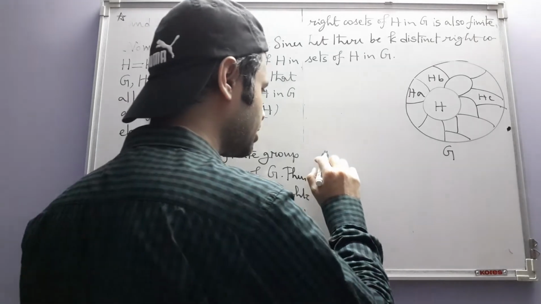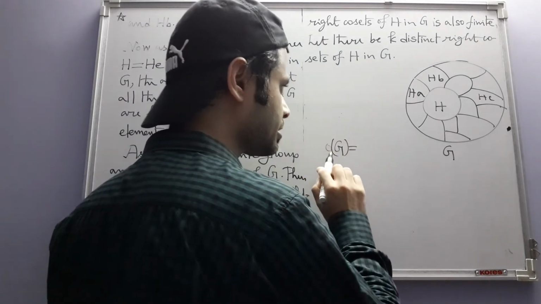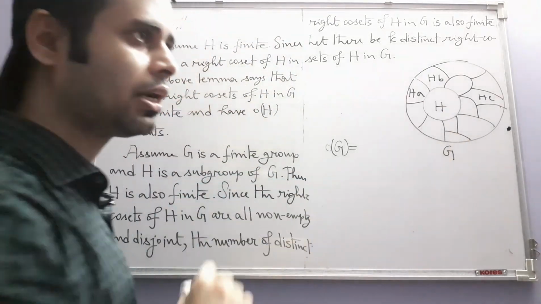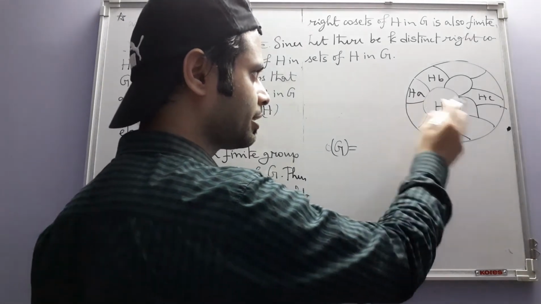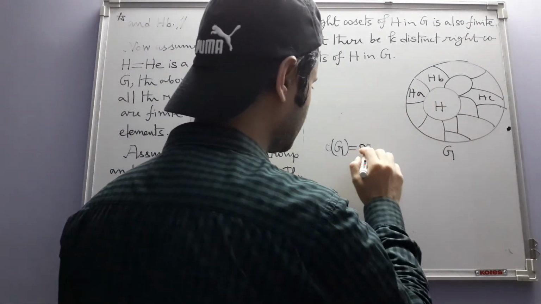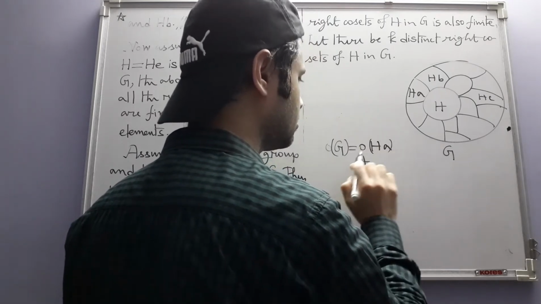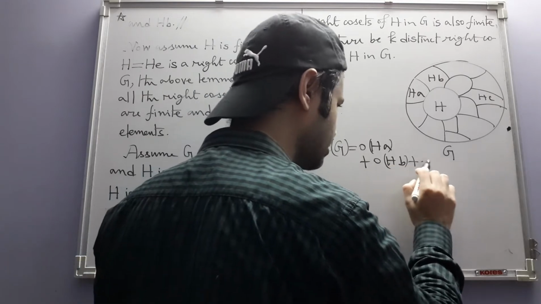The total number of elements in G will be the sum of the numbers of elements in the equivalence classes. Because they are disjoint, we can just take the sum: order of some right coset, order of some other right coset, etc.